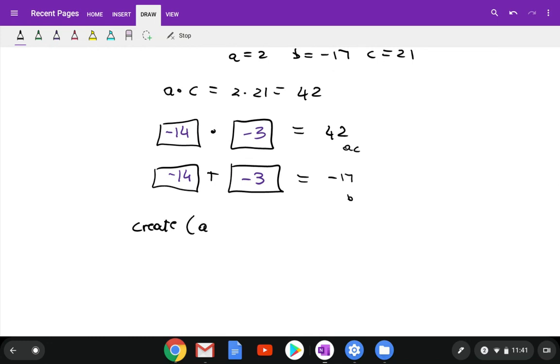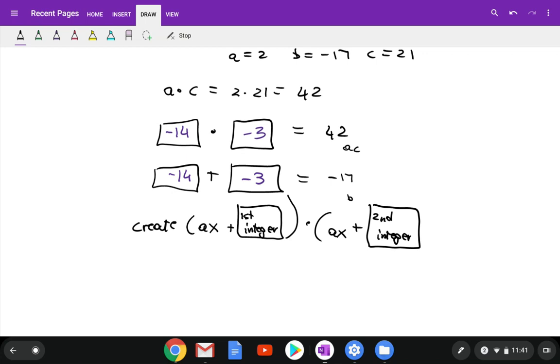Two factors: ax plus first integer, which in our case is negative 14, times ax plus second integer, which is negative 3.